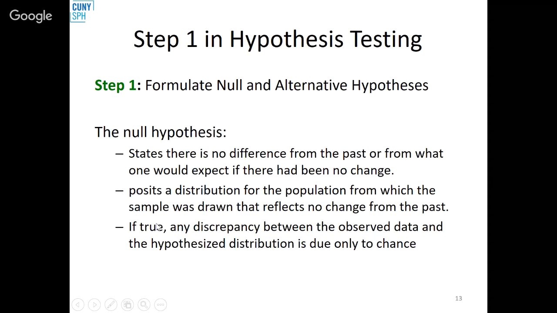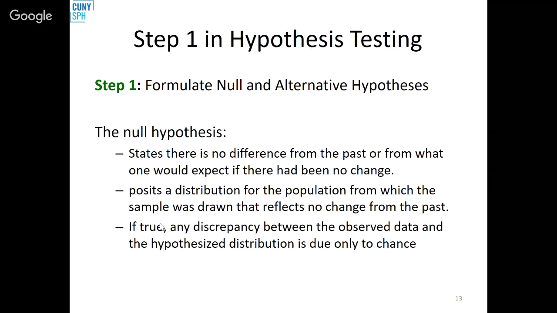And if that null hypothesis is true, then any difference that we see between our sample test statistic and that hypothesized difference is only due to sampling variation. So, you know, if you expect a population mean of 211 units of cholesterol, and in this group, it's 210.